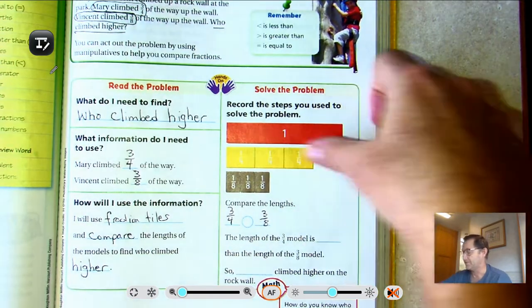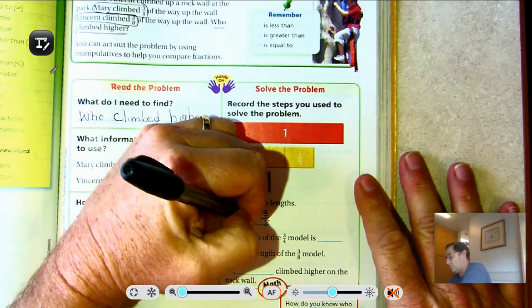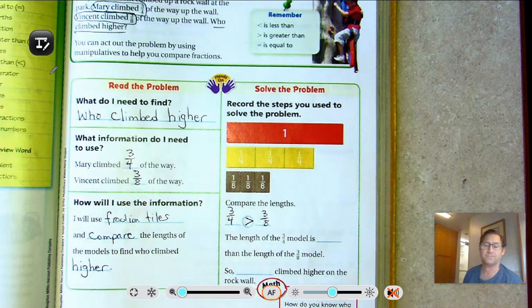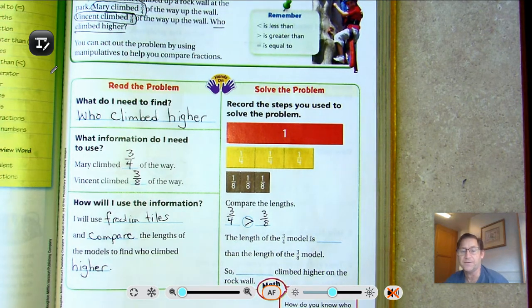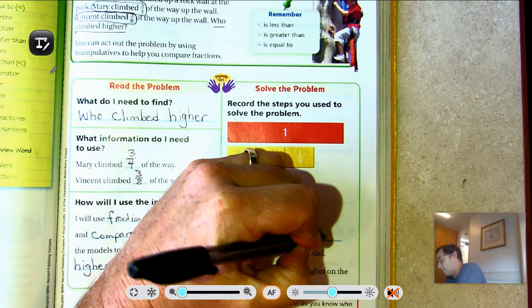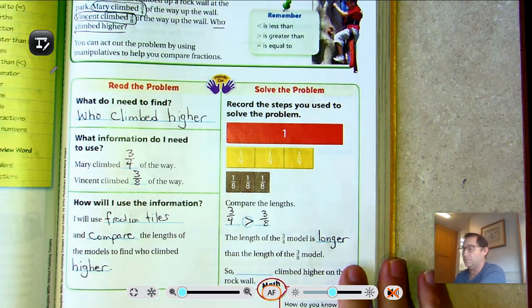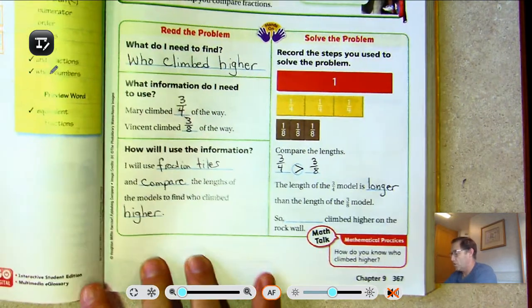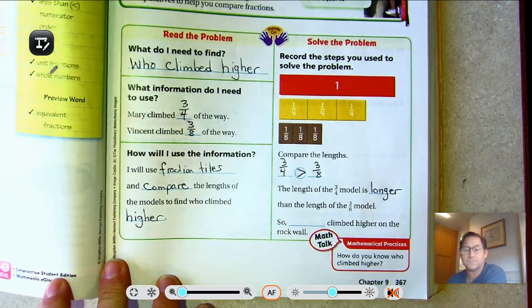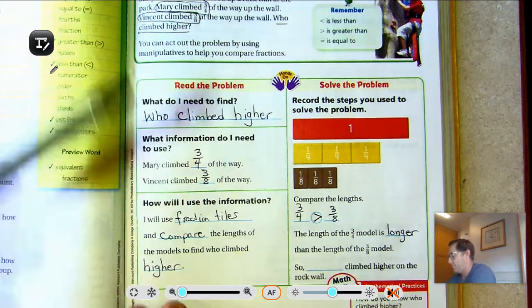Okay, so if we just look at the length of the fraction tiles, we notice that 3/4 is longer. Okay, so the opening's towards the larger number. The length of the 3/4 model is longer than the length of the 3/8 model. So who climbed higher? So who climbed 3/4? Mary climbed 3/4.